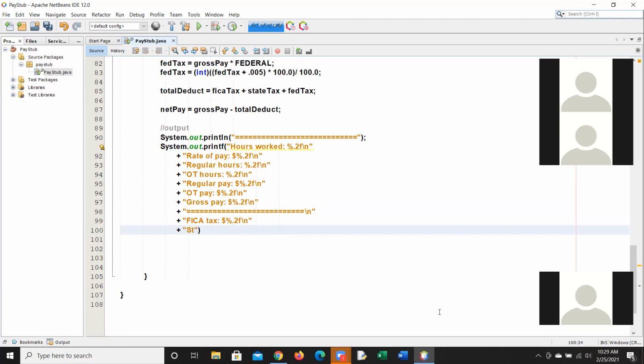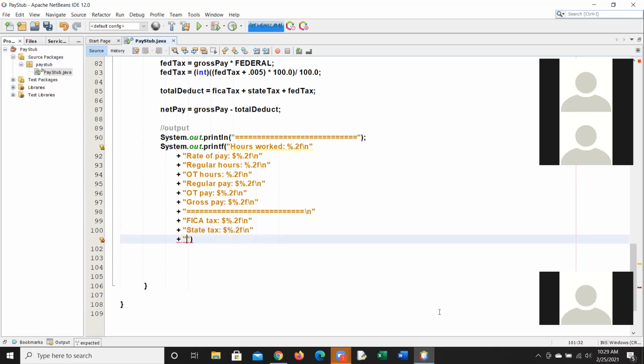And then our state tax, $ sign, % sign, 0.2f \n. And then our federal tax. Try and make sure that you've got a space after the colon, because you don't want that $ sign jammed up. You know what I'm saying? And again, it's something silly, but it just makes it look 100% better.